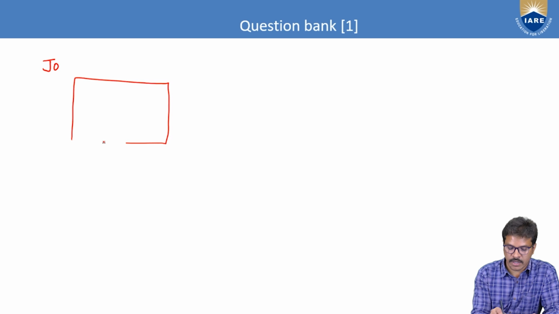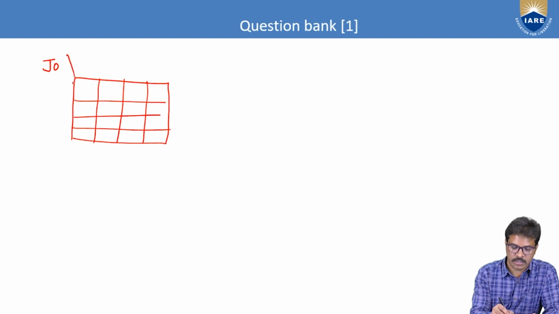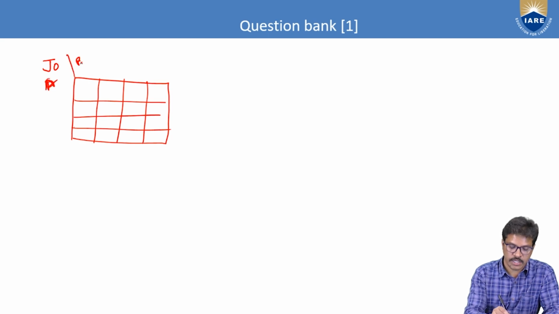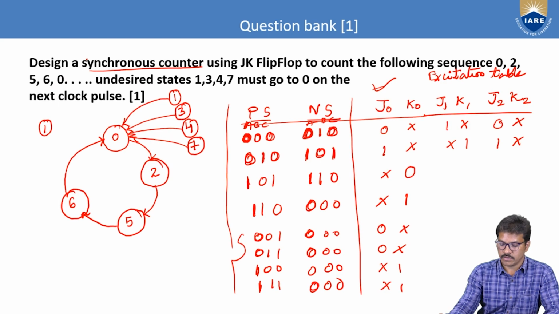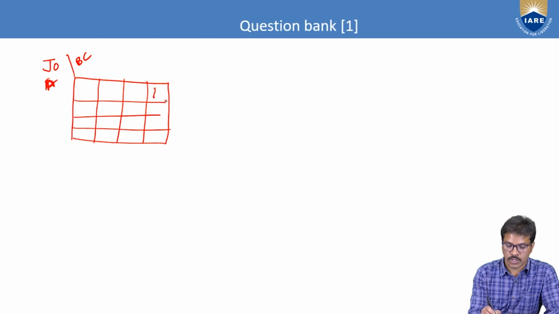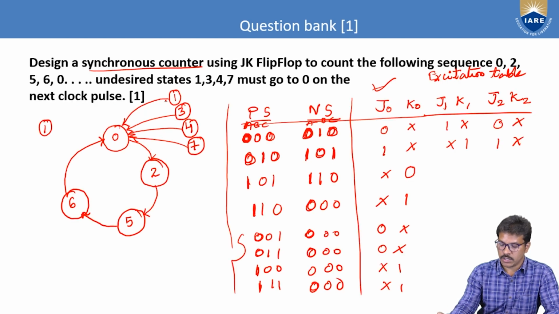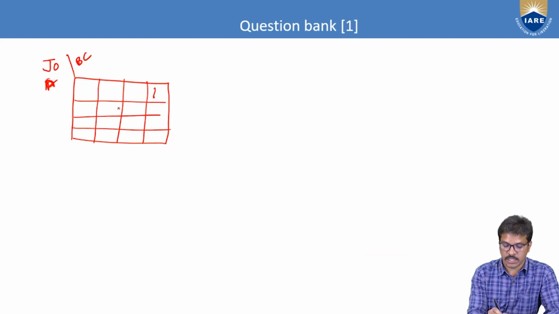Take the required input for that J0. We can take those values 0, 1, 0 and 2, 1. Next 5, 6 are don't care.